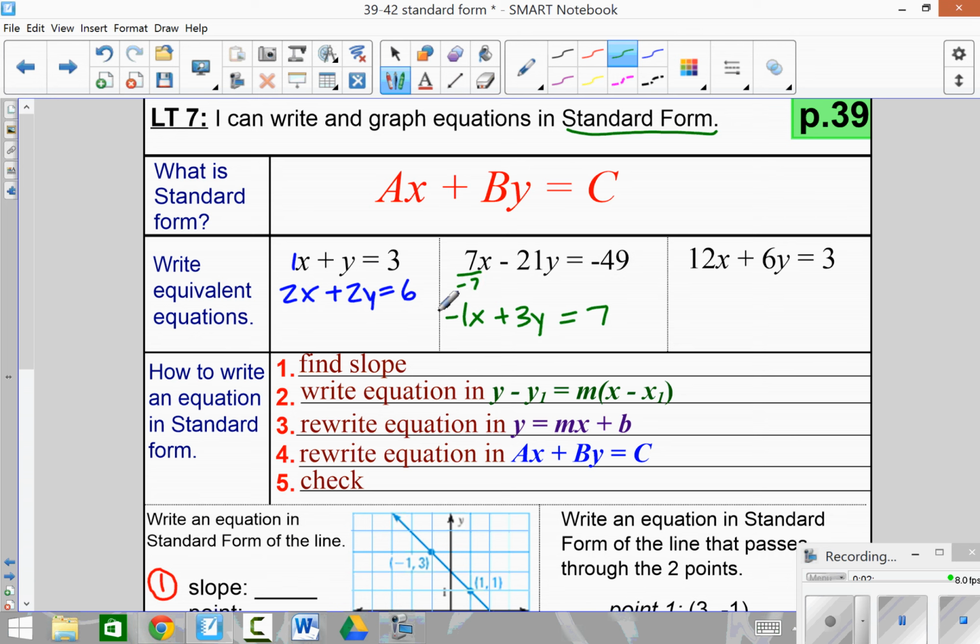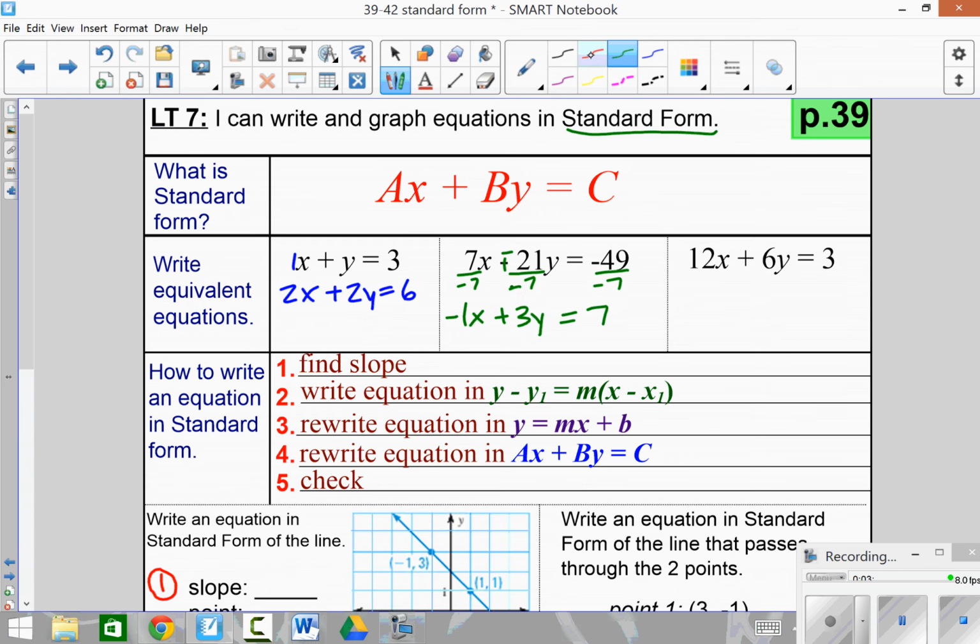So, 7x divided by negative 7 is negative 1x. Negative 21y divided by negative 7 is a positive 3y. And negative 49 divided by negative 7 equals positive 7. So these two equations are equivalent to each other.